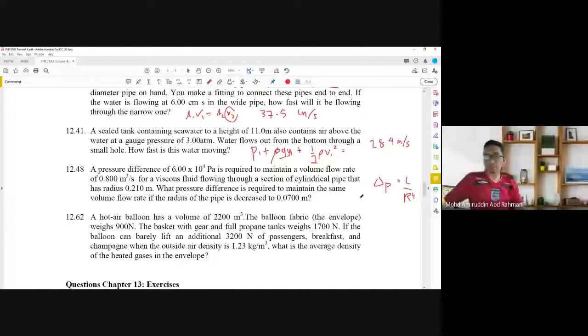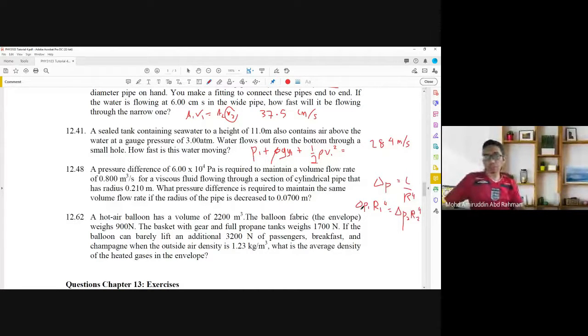Then we need to relate that. So the difference of pressure 1 times R1 to the power of 4 can be equal to the difference of pressure 2 times R2 to the power of 4.